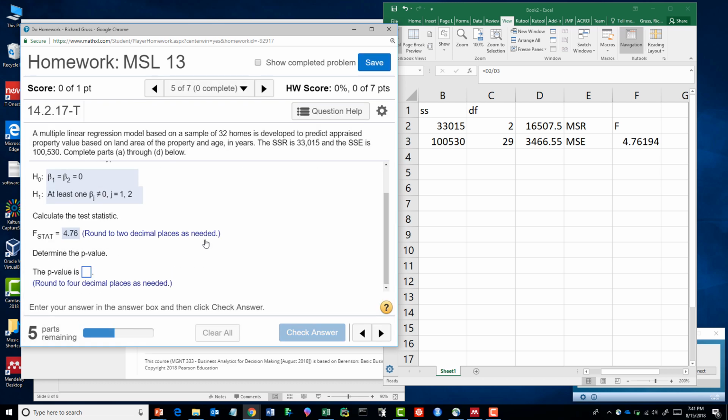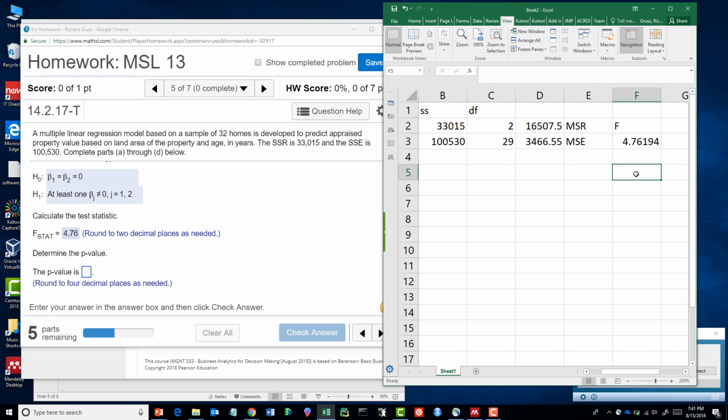Now we have to find the p-value of that particular F statistic. We're dealing with an F distribution here, so we need to use F.DIST. But remember that this gives us the area to the left underneath the F distribution curve. The p-value is the probability out there to the right, so we want 1 minus F.DIST.